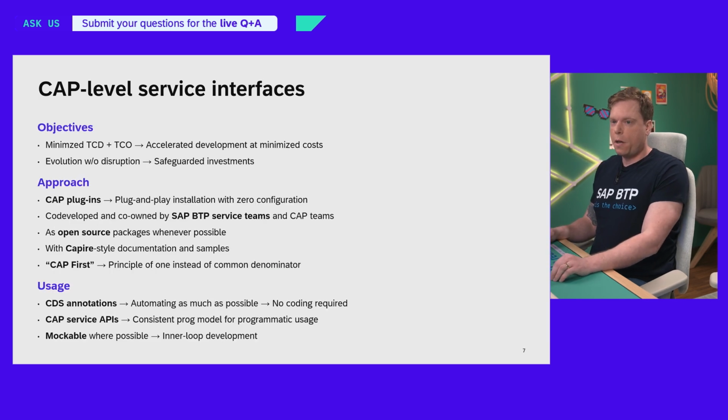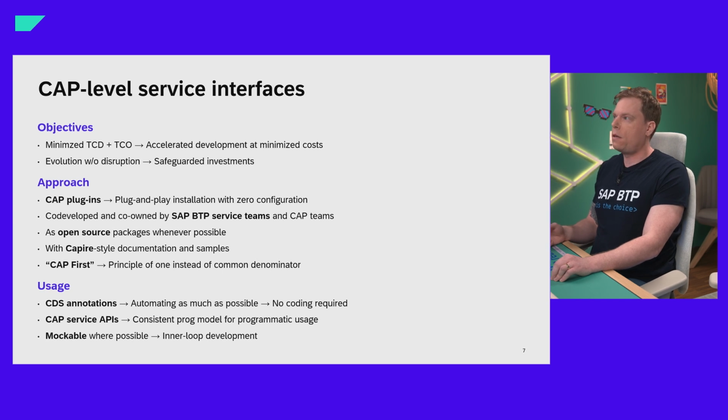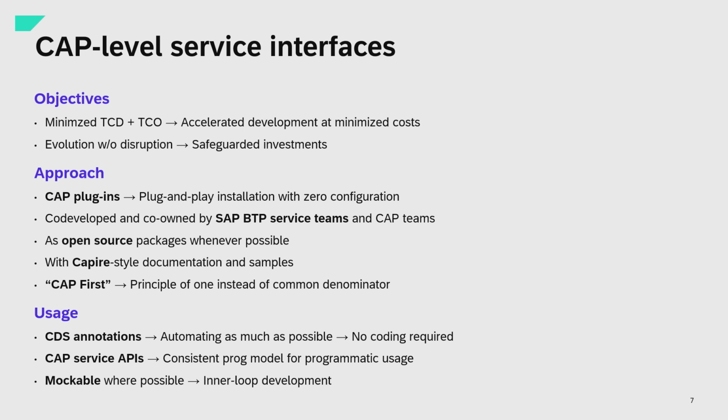All right, now with CAP level service interfaces, what we try to achieve is to minimize your total cost of development and operations, and we want to give you an accelerated development time at minimized costs. We want to have an evolution without disruption, so your investments are safeguarded. The approach that we chose is to provide CAP plugins.